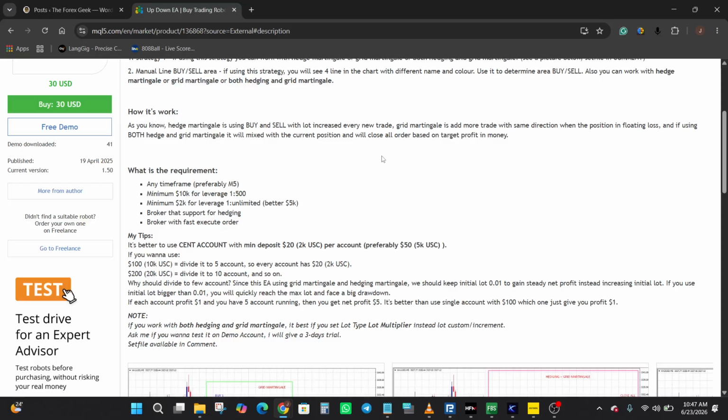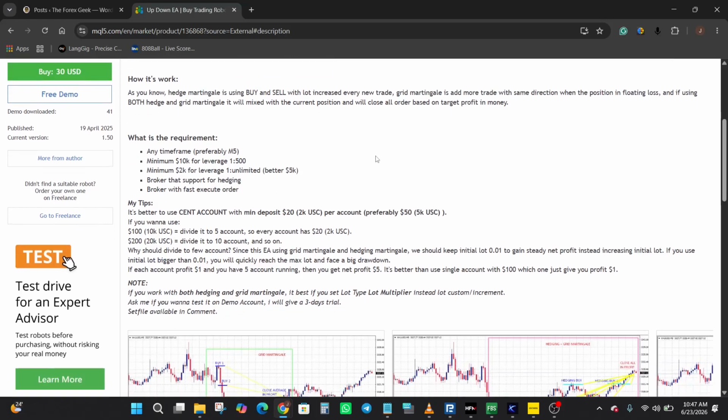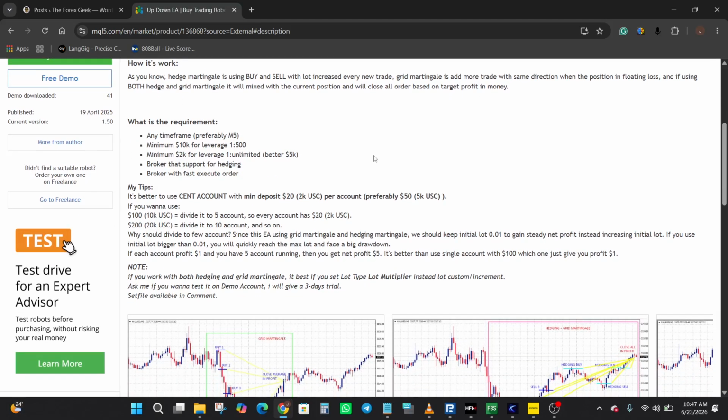As I continue through the marketplace page, the developer provides some important requirements and recommendations. The EA can be used on any time frame, although M5 is suggested as the preferred environment. There are also broker requirements mentioned, including support for hedging and fast execution conditions.